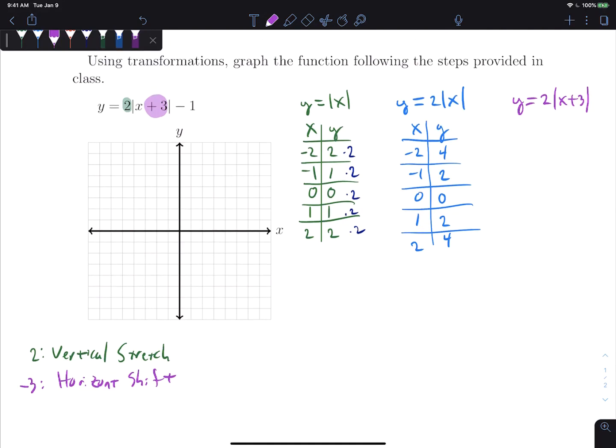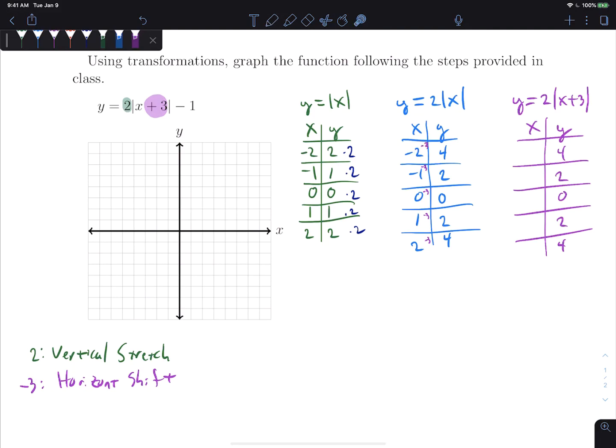That means that all of the x values are going to have 3 subtracted from them. That gives me a new x and y, but notice that since the x's change, the y's stay the same. And then we just do the subtraction. -2 minus 3 is -5. -1 minus 3 is -4. 0 minus 3 is -3. 1 minus 3 is -2. 2 minus 3 is -1. Excellent.